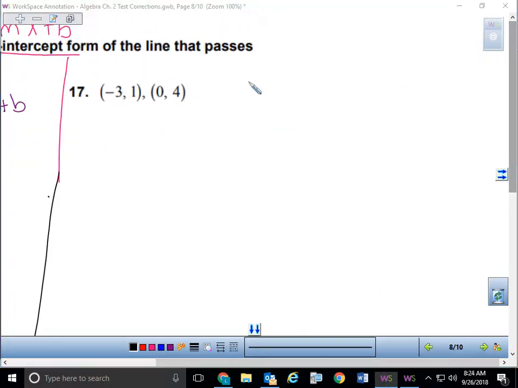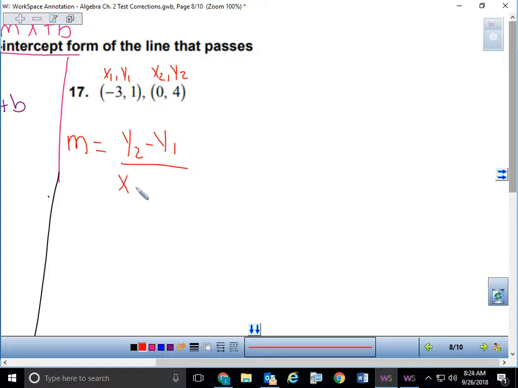First thing is finding your slope. Doesn't matter which one you label as x1, y1 and x2, y2. My equation is m equals y2 minus y1 over x2 minus x1. Plugging in our numbers here, I have x2 is 4 minus x1 of 1 over x2 is 0 minus, negatives, careful, x1 is -3.